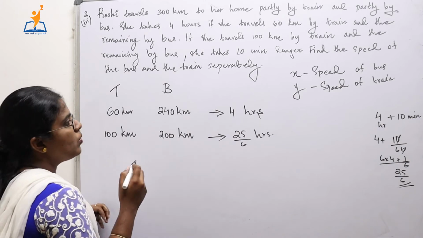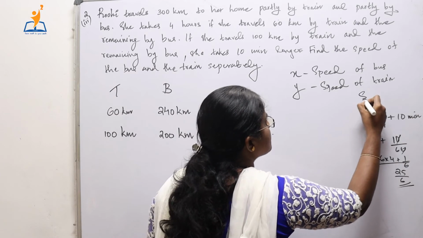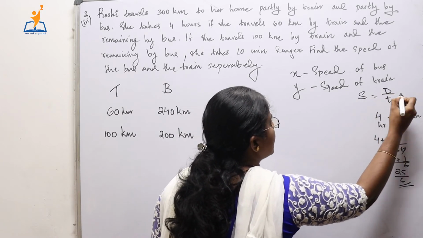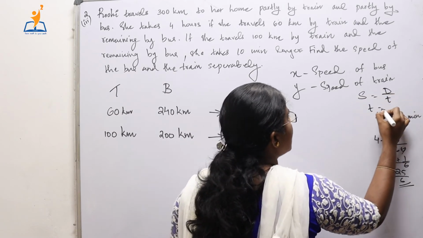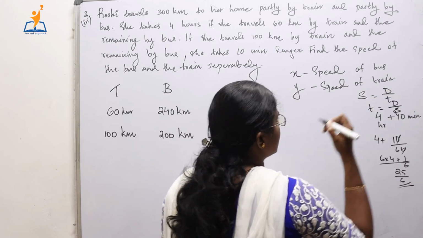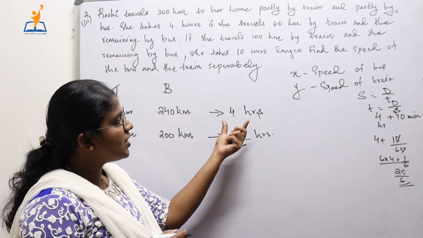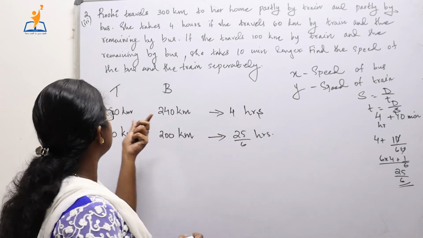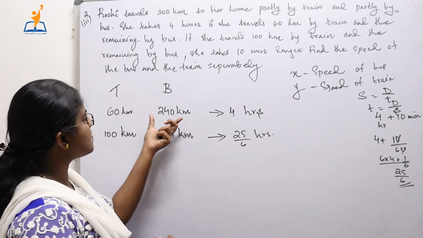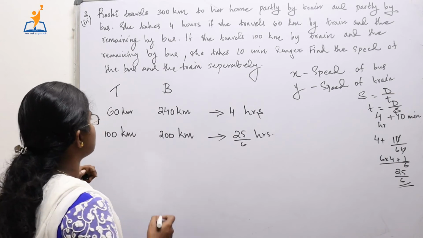We know that speed is distance by time, and time is simply distance by speed. So she took 4 hours to travel 60 kilometers by train and 240 kilometers by bus.